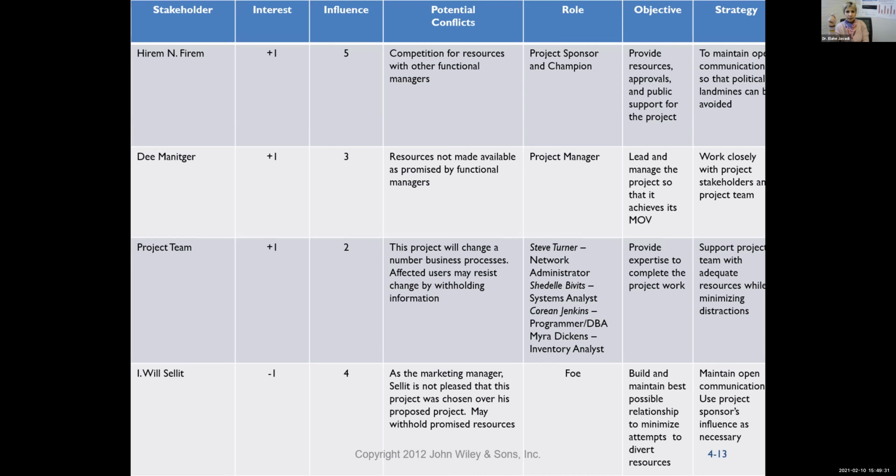Is this person an important person? Do I have to return their call today, or can I wait for the project manager to come back from leave? So if this is the first person who called and asked for information, highly powerful, highly interested, they better send him something.